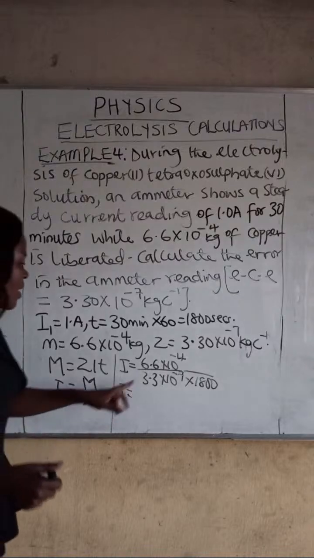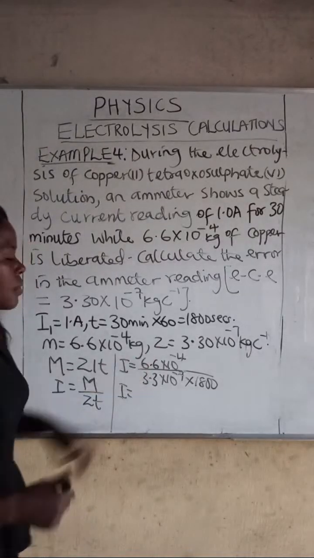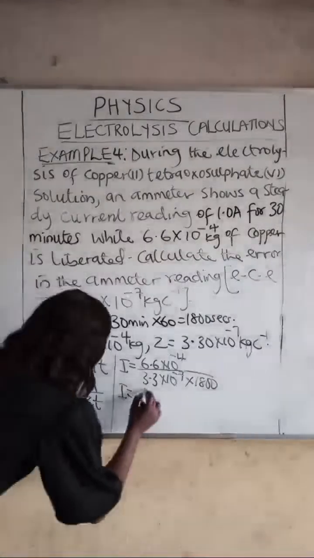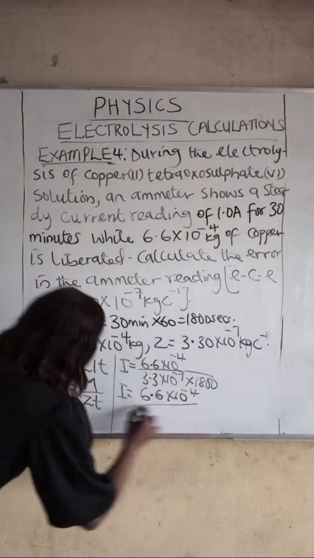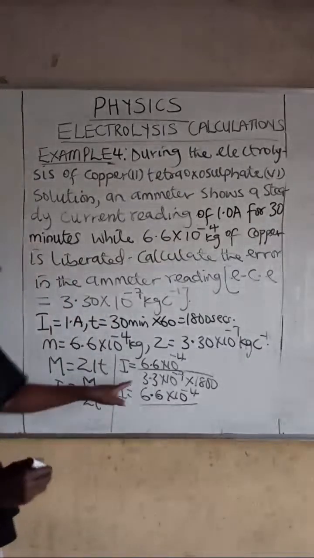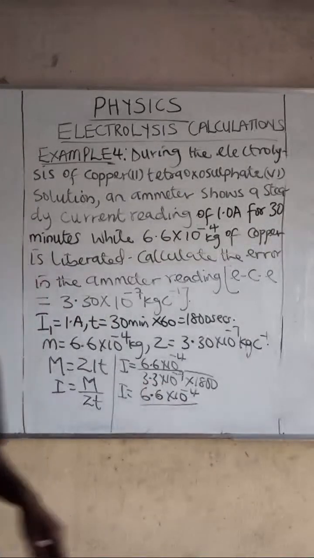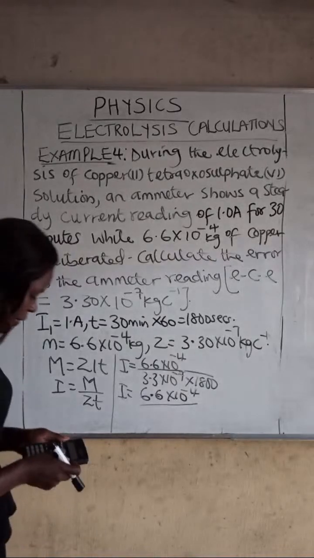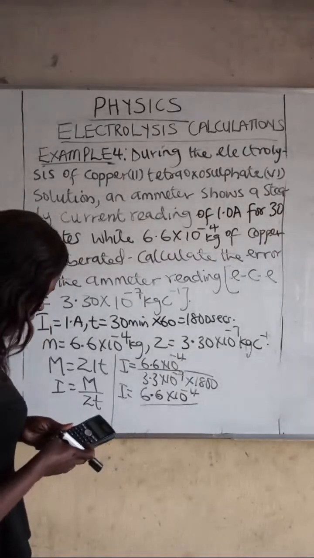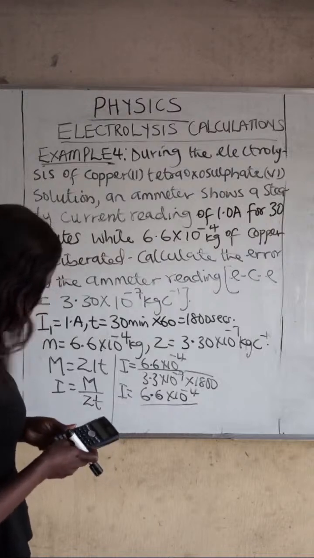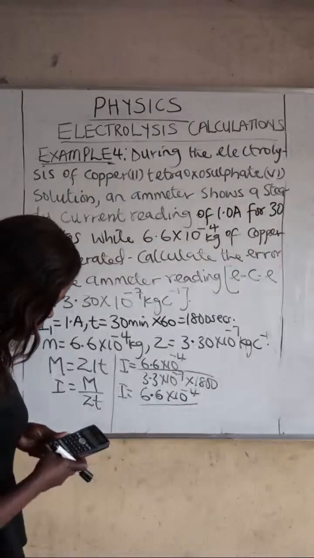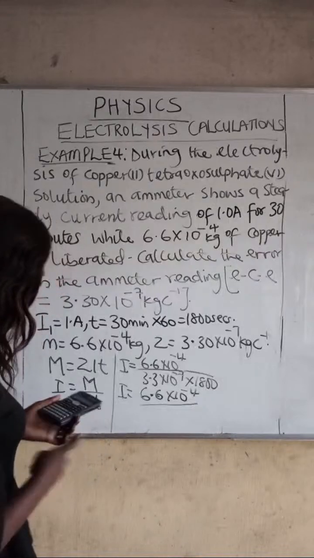Now, what I'm going to do is to work on this to have 6.6 times 10 raised to minus 4, then divided by, I'm going to work it out to see what I have. Using my calculator, I will say 3.3 exponent minus 7 times 1,800.